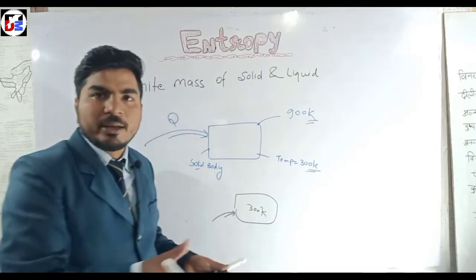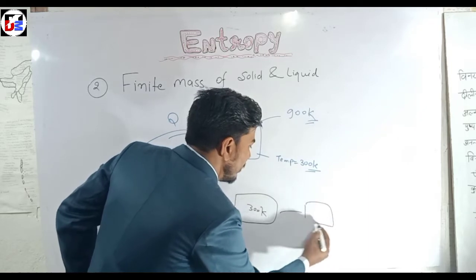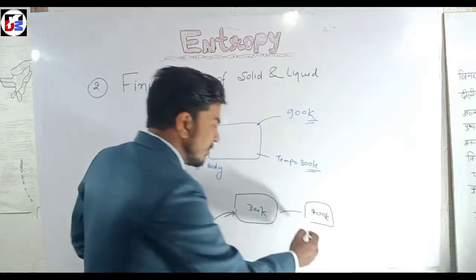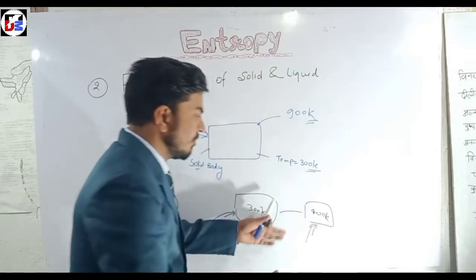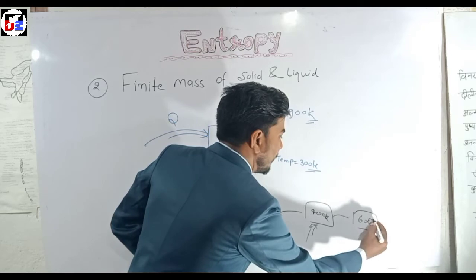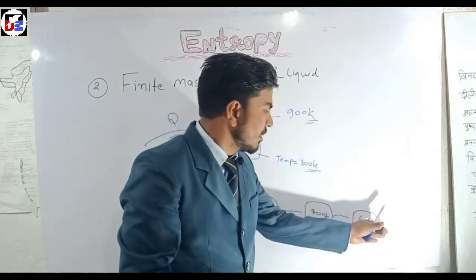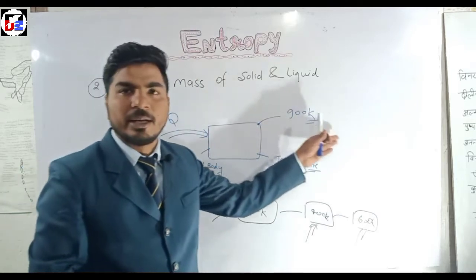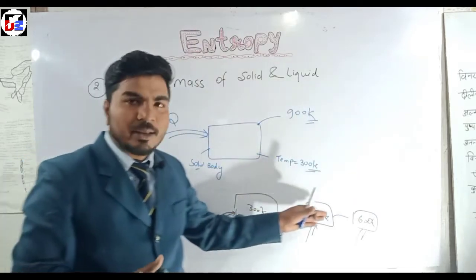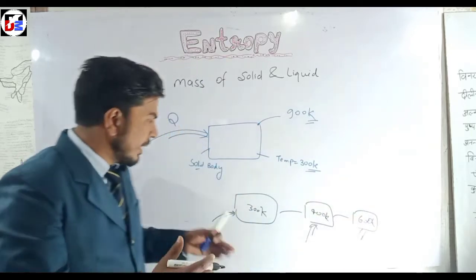Now as we provide heat, its temperature increases. It becomes 400 Kelvin, then further heat is provided and it becomes 600 Kelvin. Then further heat is provided, and its final temperature is 900 Kelvin. That means temperature is not constant.